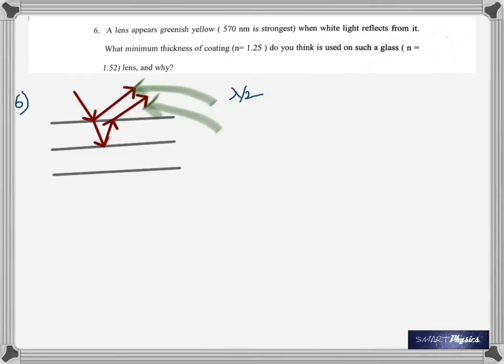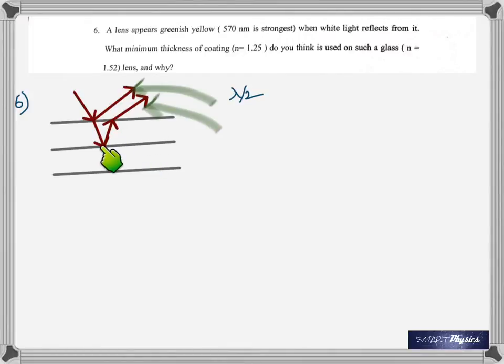Now this is the coating, and its refractive index is, how much is that? It's 1.25. And this is 1.52, that's the glass. So you have the second reflection also taking place when light tries to go from less dense to more dense.